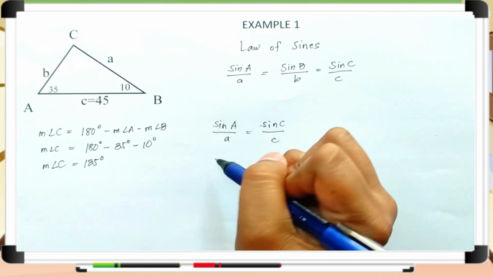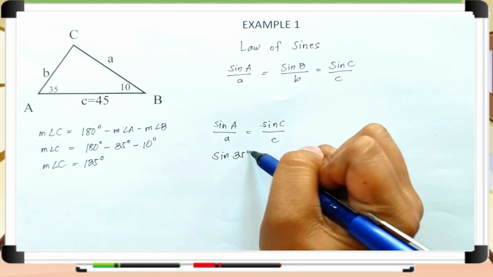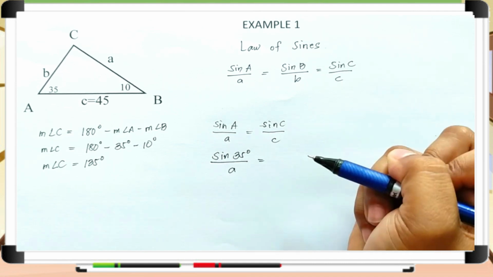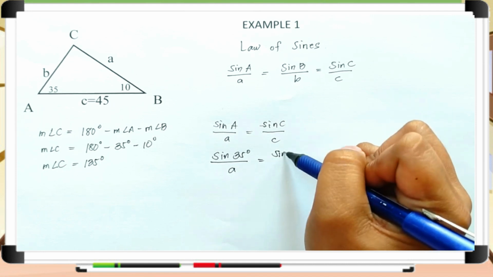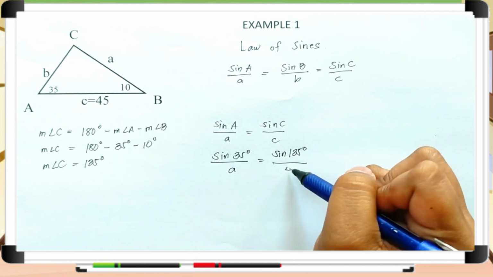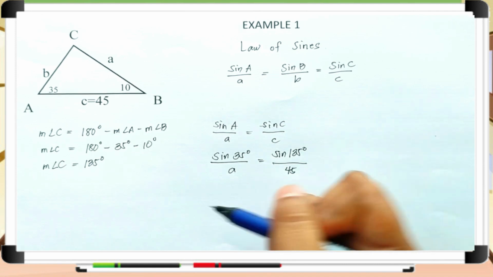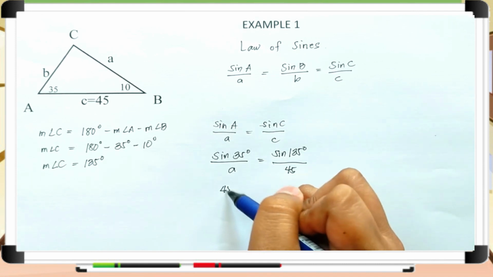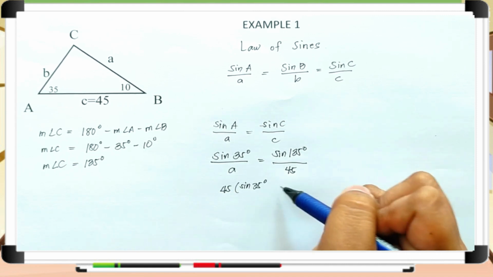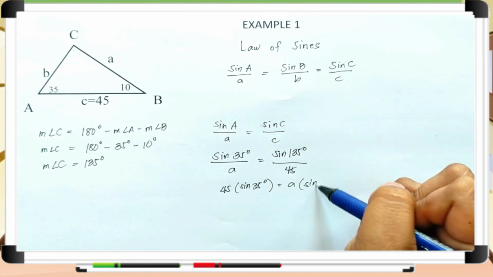We have sine 35 degrees over A, the missing part, is equal to sine 135 over 45. Then, let's cross multiply. We have now 45 times sine 35 degrees is equal to A times sine 135 degrees.